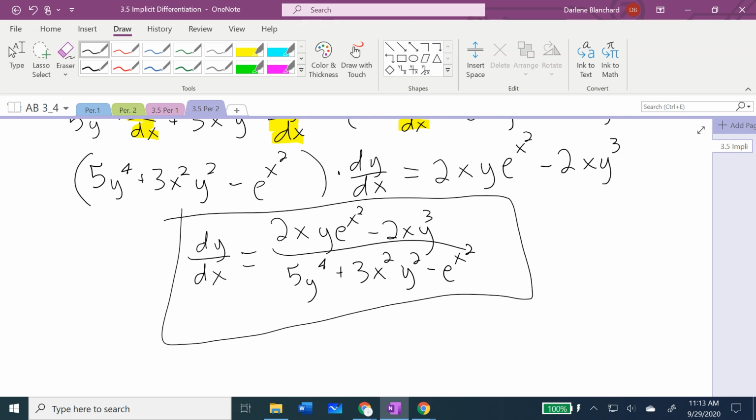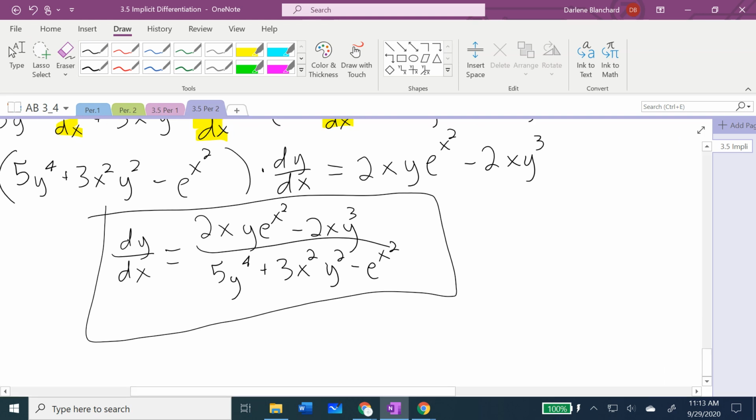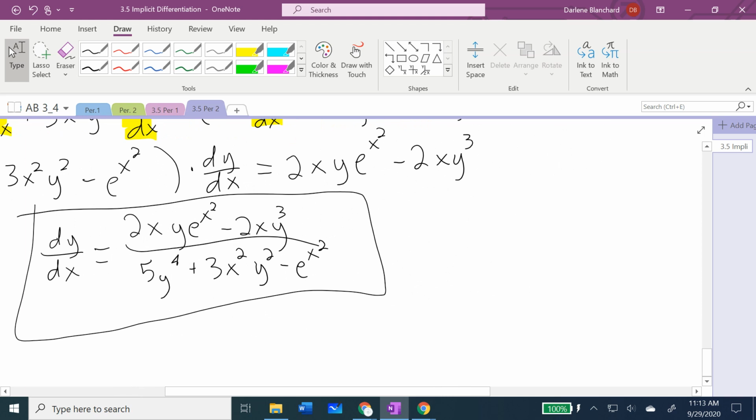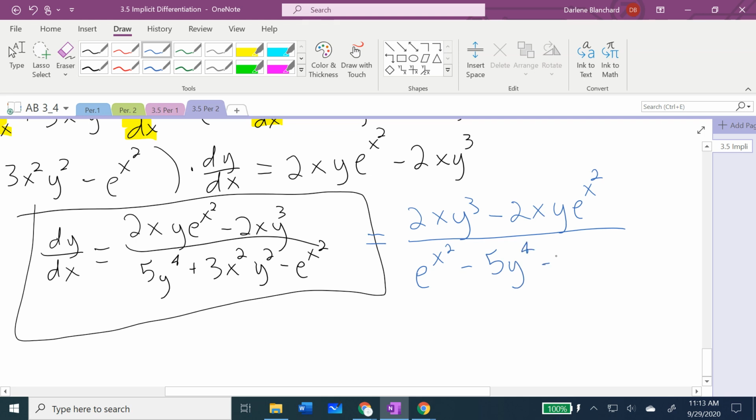I don't have to. I do want to point out that you might do work on a problem similar to this and go look at the answer and find out that the answer looks like this. Realize those are identical.